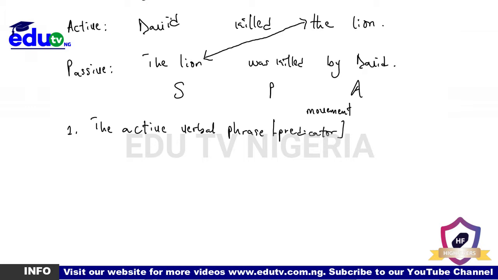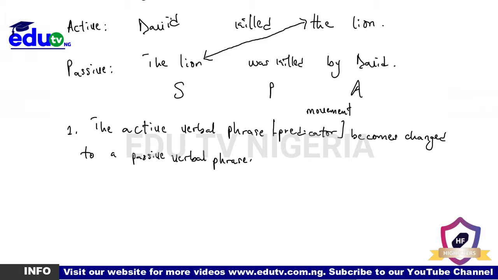The active verbal phrase, the predicator, becomes changed to a passive verbal phrase.